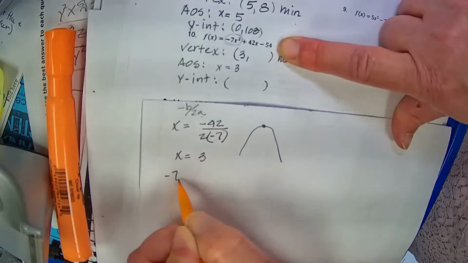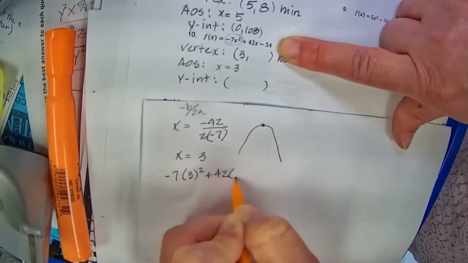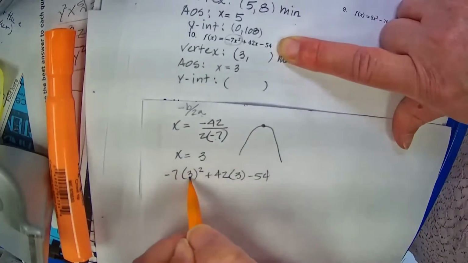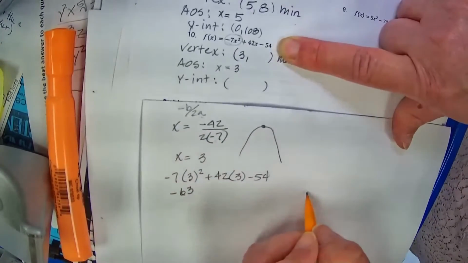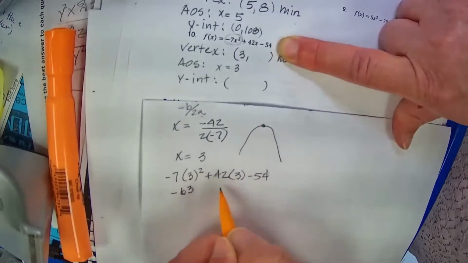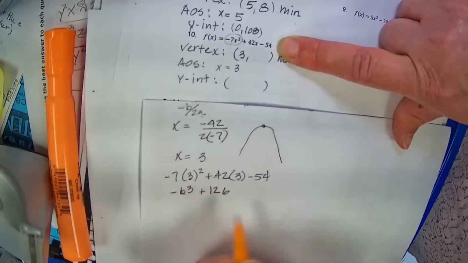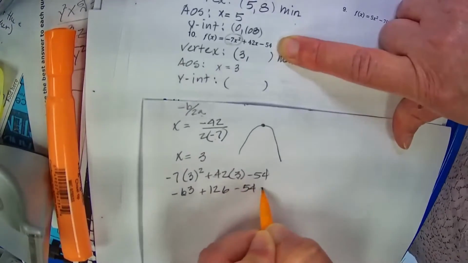All right, so now we plug in 3 here. So we've got negative 7 times 3 squared plus 42 times 3 minus 54. 3 squared is 9, 9 times 7 is 63, and that's negative. 42 times 3 is 126, and that's positive. And then minus 54.